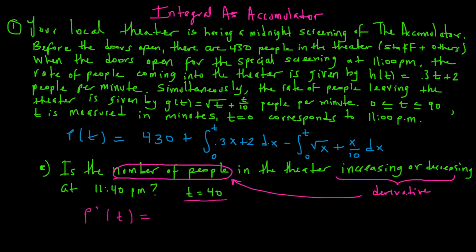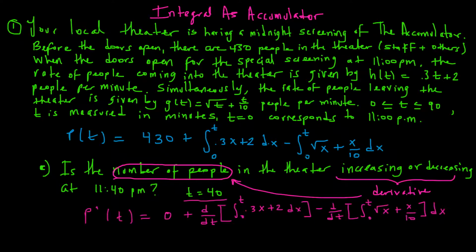Let me actually write it all out. 0 for 430 plus the derivative with respect to time of the integral from 0 to t of 0.3x plus 2 dx, and then minus the derivative with respect to time of the integral from 0 to t of the square root of x plus x over 10 with respect to x.